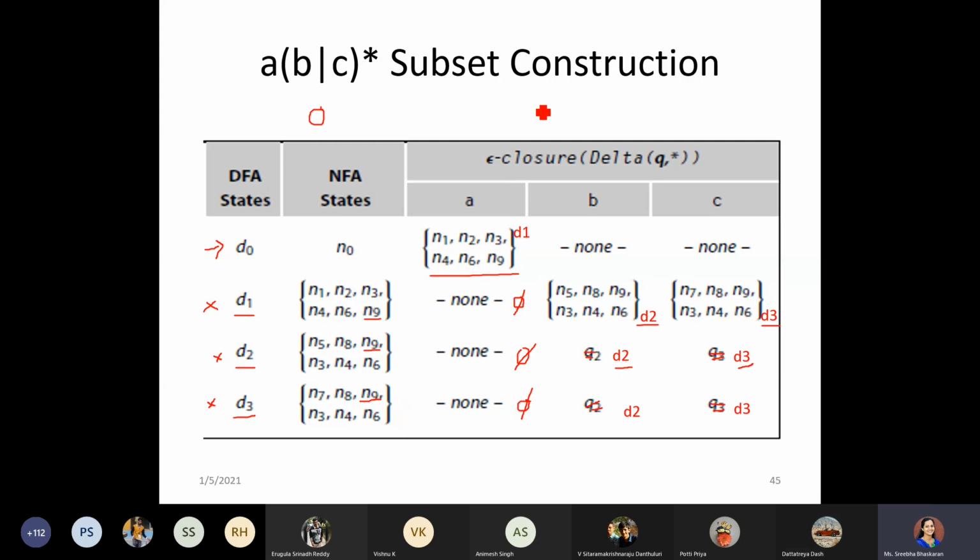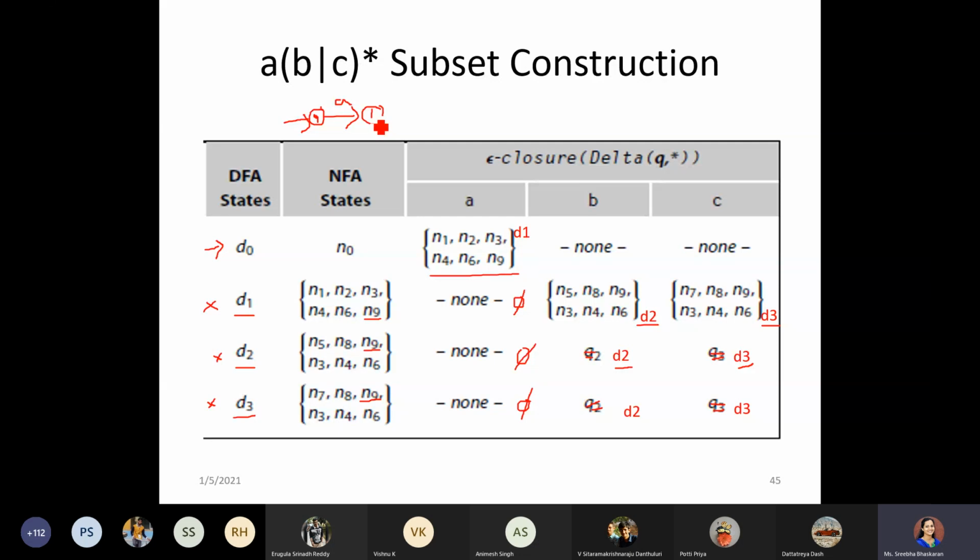Now if you draw the DFA, from the initial state, with respect to A transition, we reach the D1 state. With respect to B transition, nothing. With respect to C transition, nothing. So D0 is done. Next, coming to D1: with respect to A transition, we don't have anything, so it is left out.